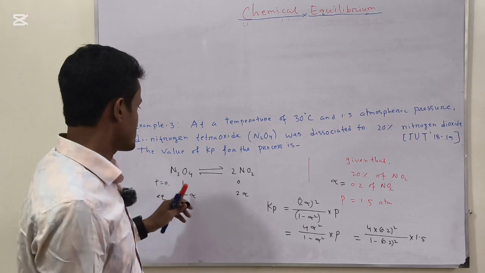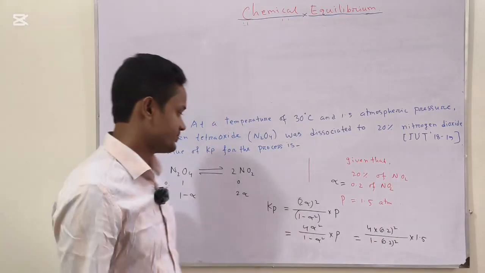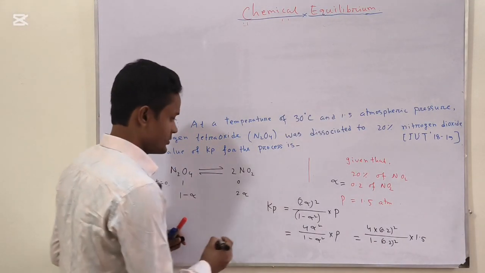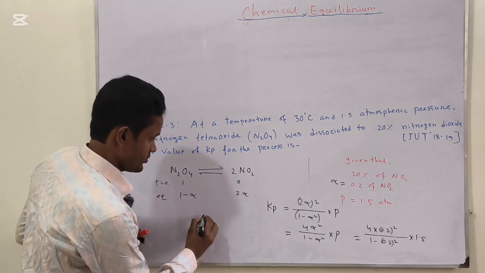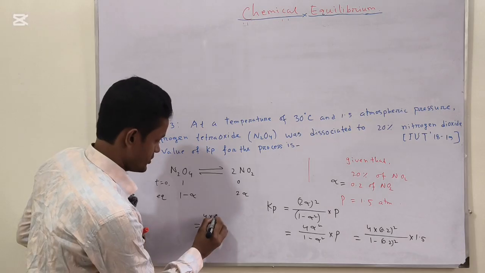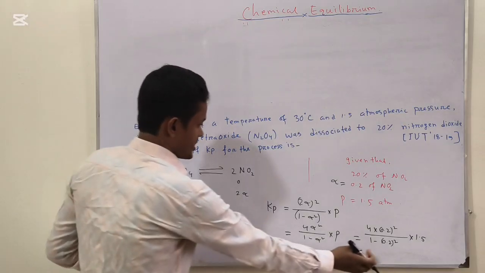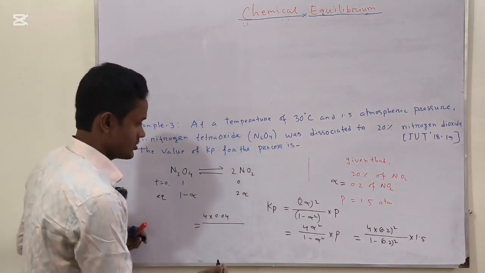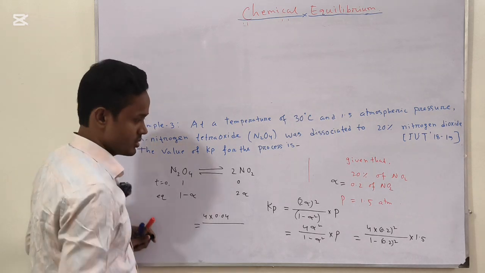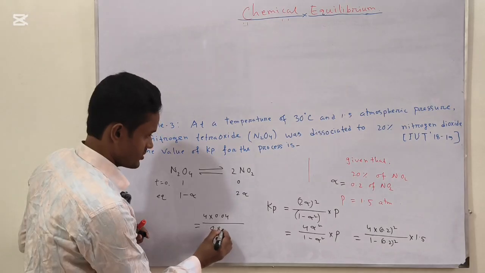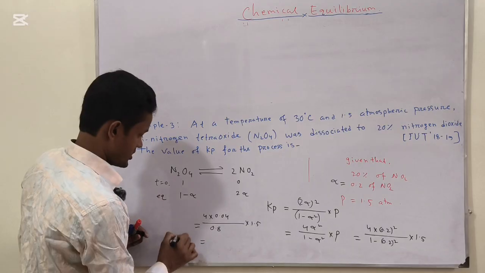1.5, its value is given that atmospheric pressure 1.5. Then we calculate the value: 4 into 0.04 divided by 1 minus 0.2 square, that means 0.8 into 1.5 equal to Kp.